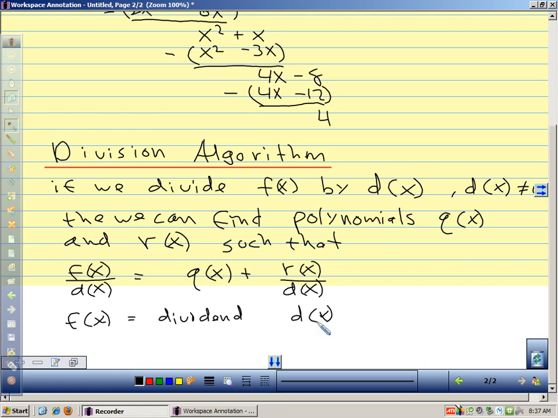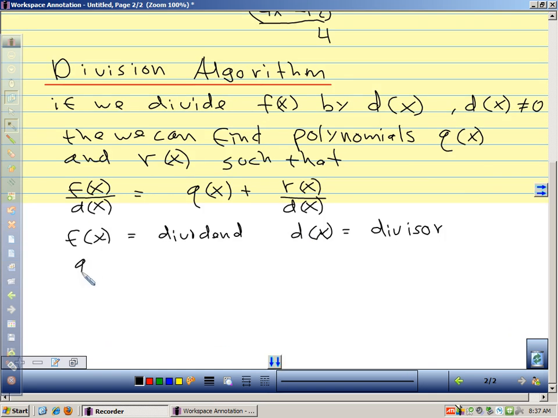D of x is the divisor. Q of x is our quotient. And R of x is our remainder. Just so we're clear when the book uses certain terminology.